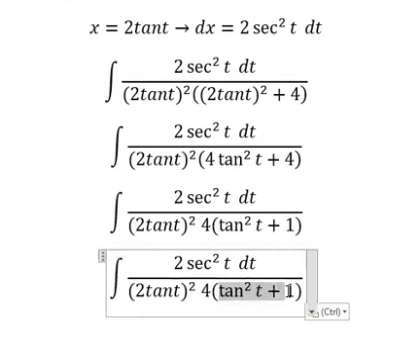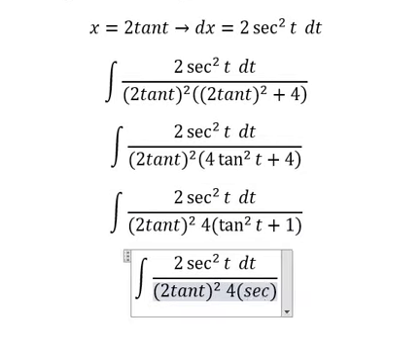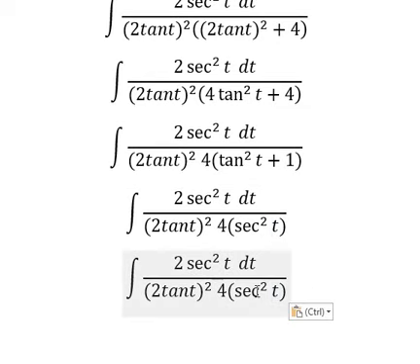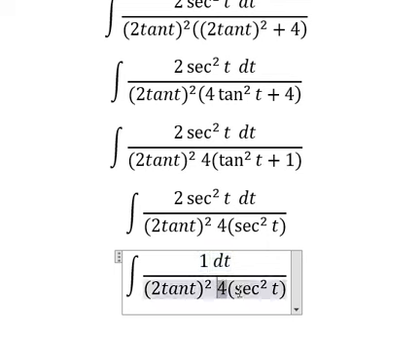This one is secant of t squared. And now we need to simplify, and you get 1/2.